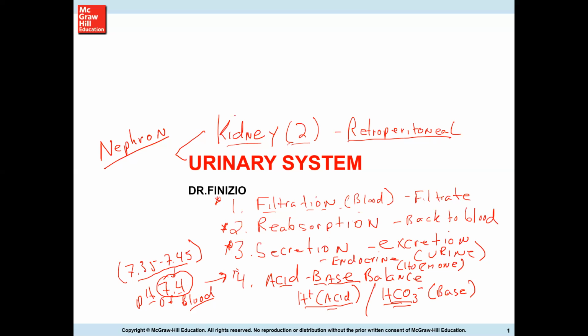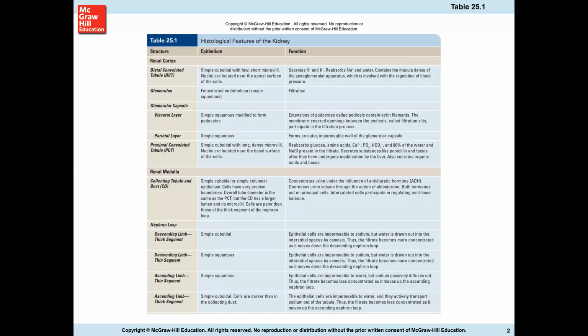So all the blood goes into the kidneys. And these are the parts of the kidney. I like these tables, of course. You go through and you see what the parts are. I always start here. This is the beginning, get used to the terms called the glomerulus and the glomerular capsule. Now together, they're going to be the renal corpuscle. And filtration happens at the glomerulus or the renal corpuscle.